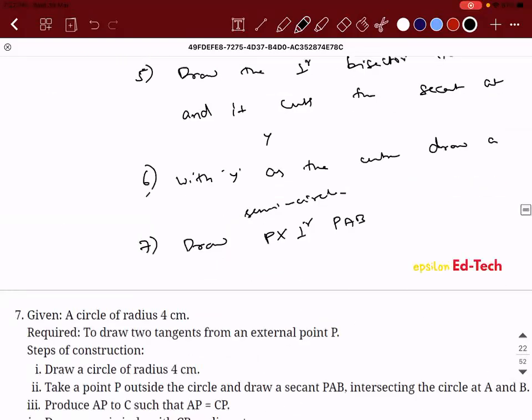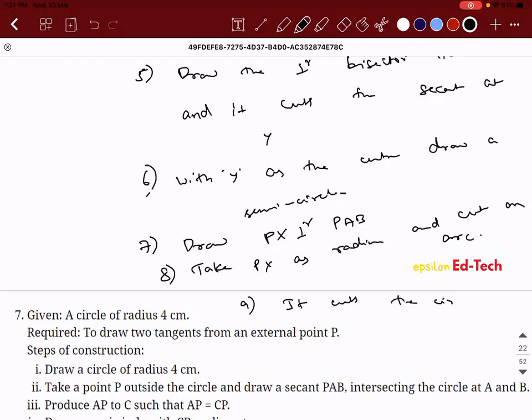Next, take PX as radius and cut an arc. Once you cut an arc, it cuts the circle at 2 points. From point P, join the points, that will give you the required tangents.